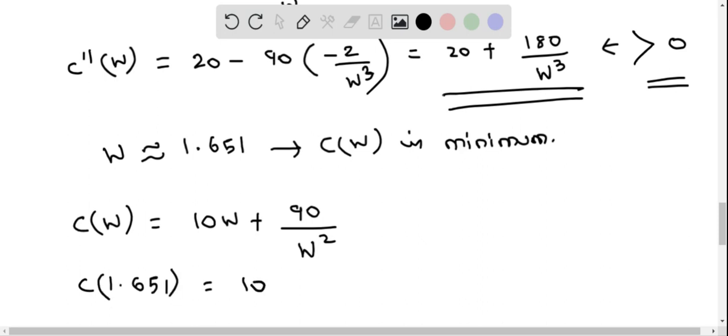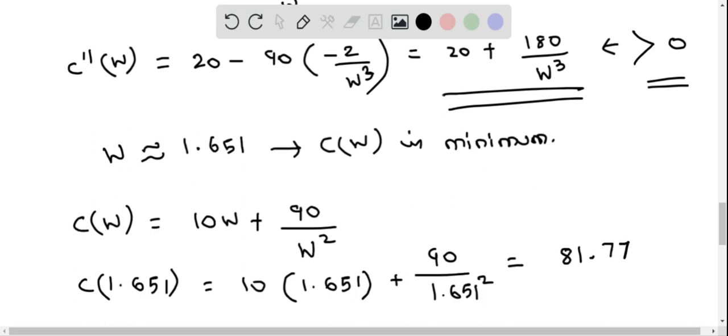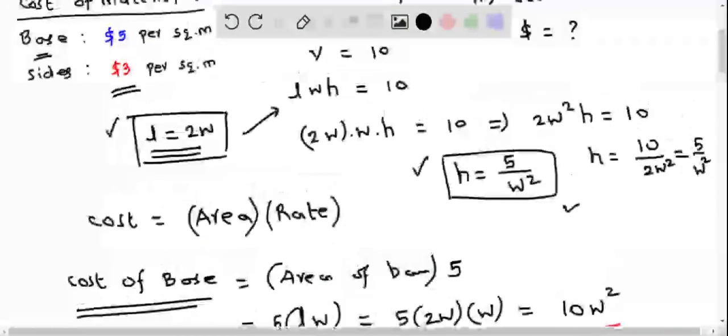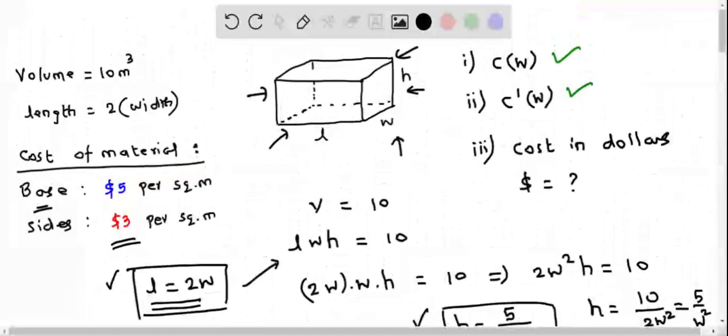This is equal to 10 times 1.651 square plus 90 by 1.651. When we plug this into the calculator and approximate, we get the cost as $81.77. So this is the cost of the material required to construct the least expensive storage container. So we have answered question 3 as well. This is $81.77.